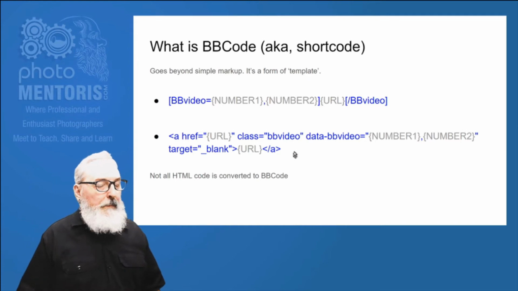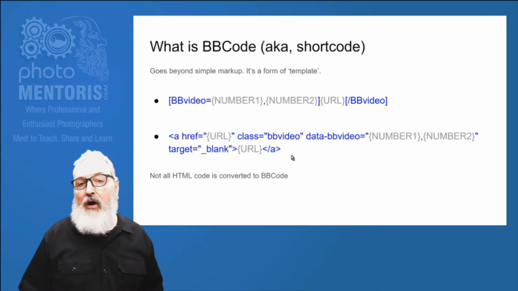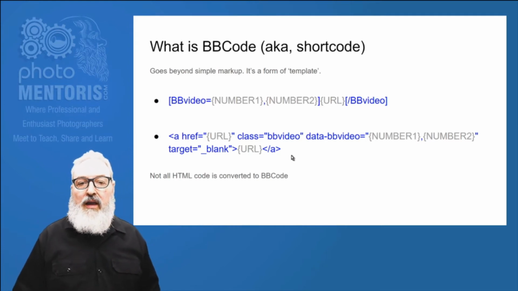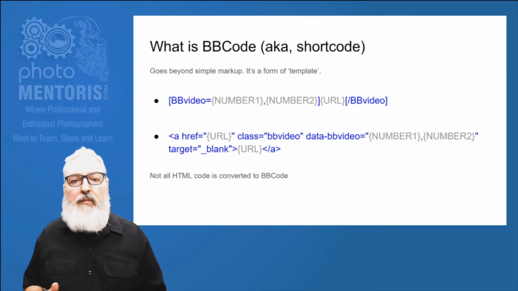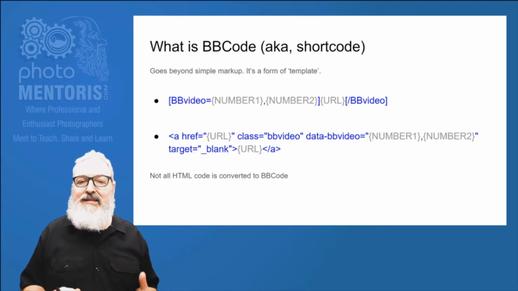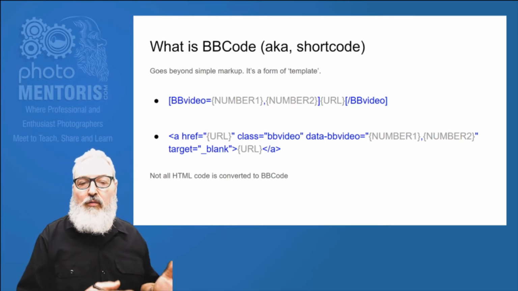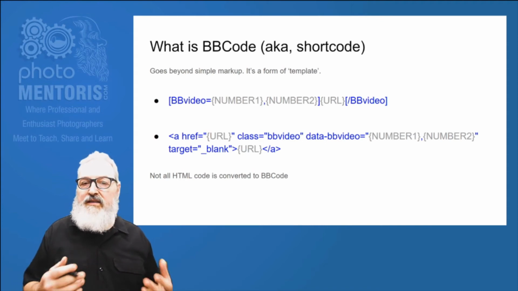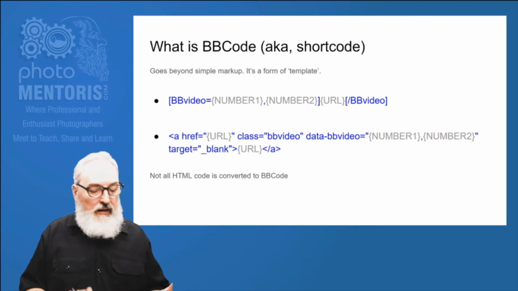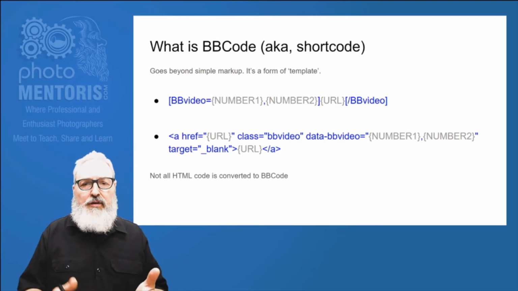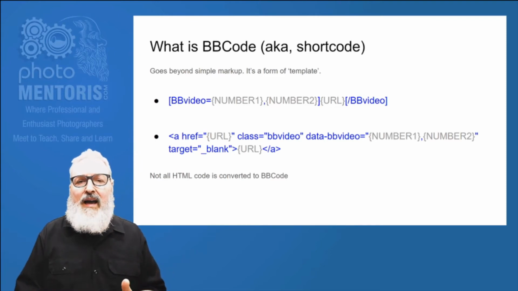The problem is that not all HTML code can be converted to shortcode. It's very forum specific. So if you're familiar with shortcode in one particular forum, it doesn't necessarily mean that the same shortcode is going to work with us. There are some similarities, the more common ones like bold, underscore, italicize.